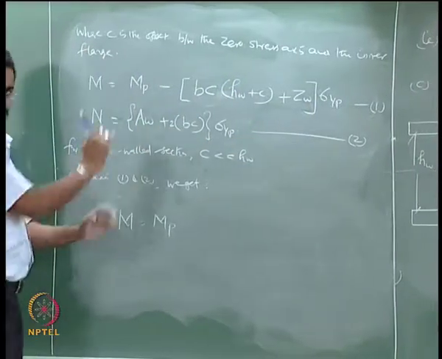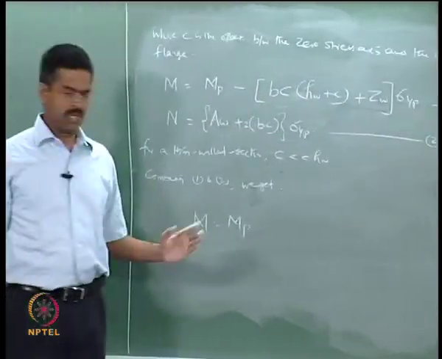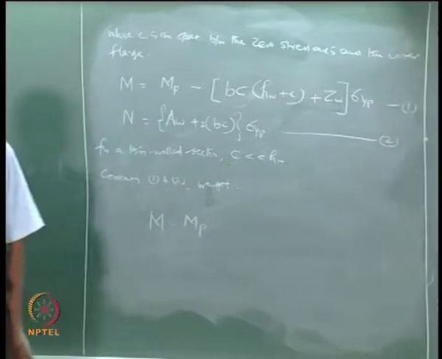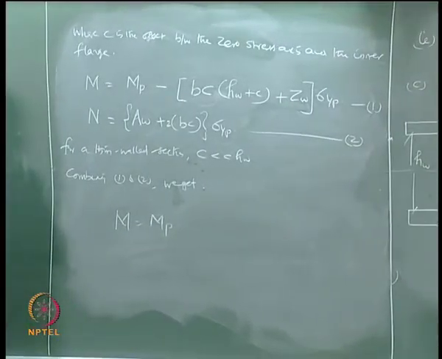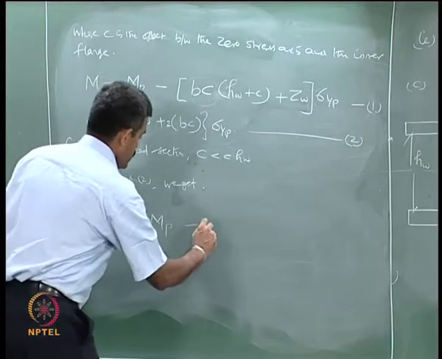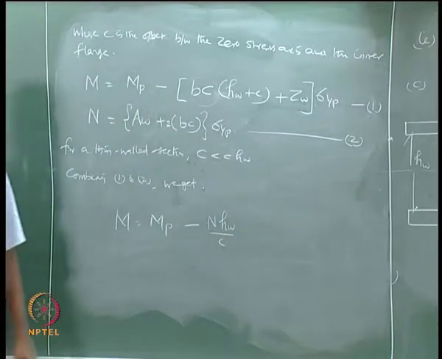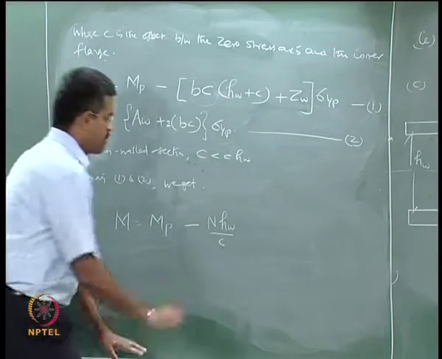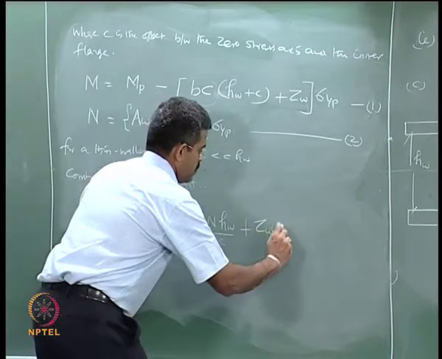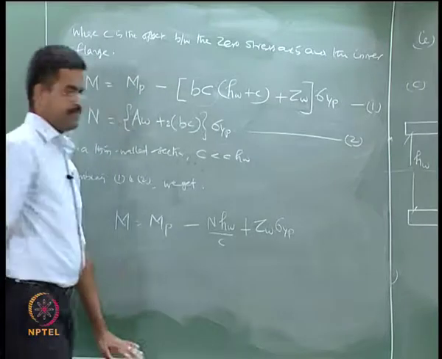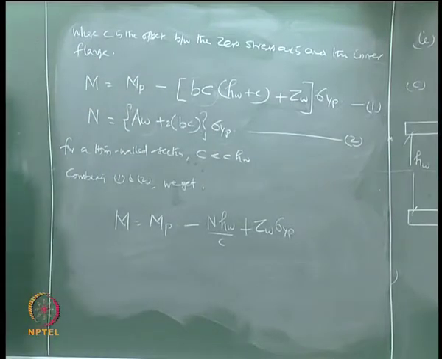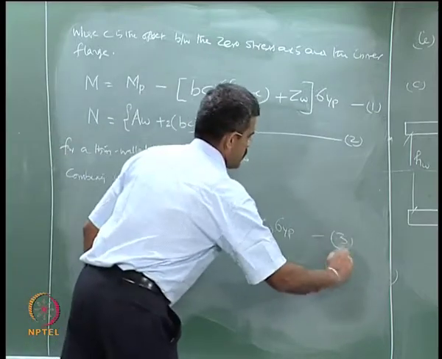I am just substituting them and then rearranging them. So M is equal to MP minus N of HW by C plus ZW sigma yp. I call this equation number 3.